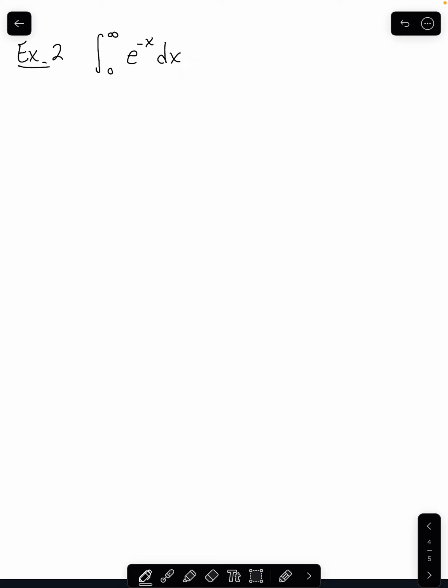E to the negative x is, of course, an exponential function. To sketch a quick graph of it, it is specifically an exponential decay function, which means as it extends to the right, we are looking at a similarly shaped region to what we saw in the previous example with 1 over x.